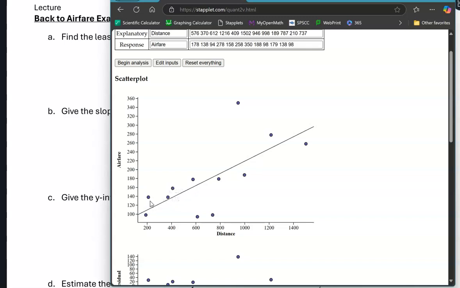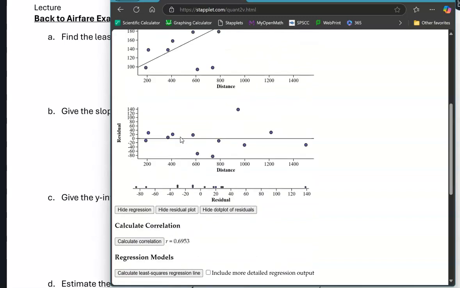We can kind of visualize our residuals as that distance between each dot and the line. Here's a plot of the residuals. I'm not going to go terribly deep into this, but if you think of 0, that's the spot where the residual is equal to 0, so where we'd be landing exactly on the line.